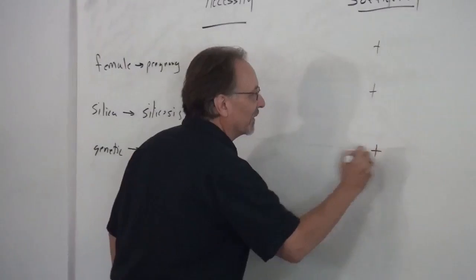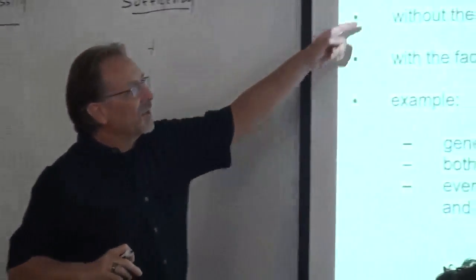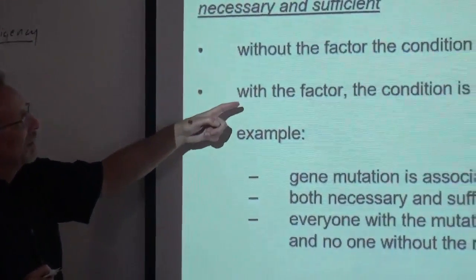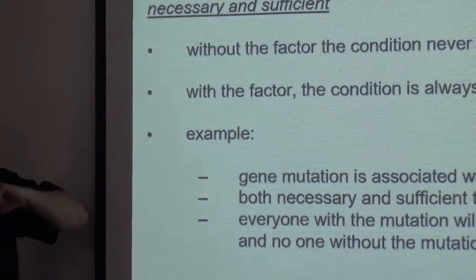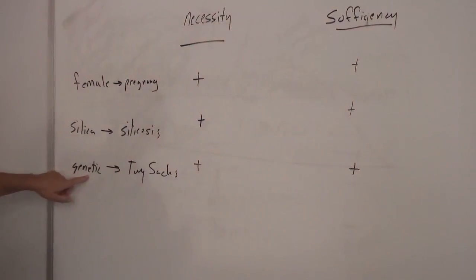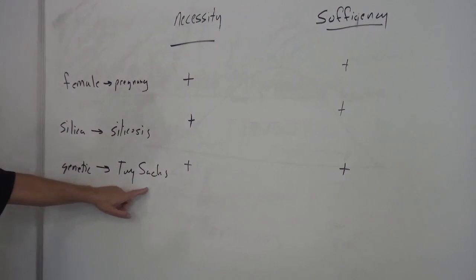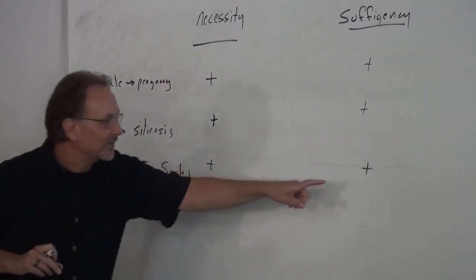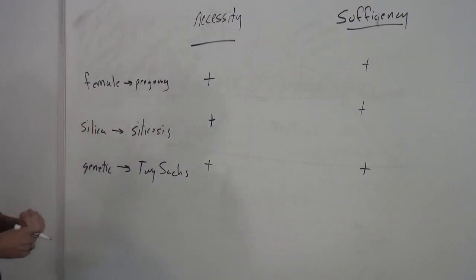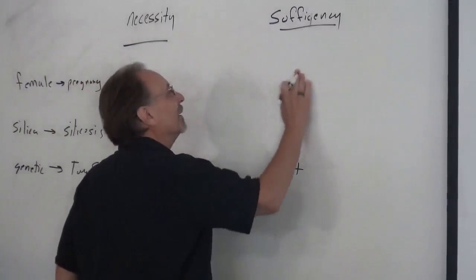Necessary and sufficient: without it, the condition never develops. So let's take a look at this. Without the genetic condition, Tay-Sachs will never develop. When you have the genetic condition, it always develops. That's necessary and sufficient.